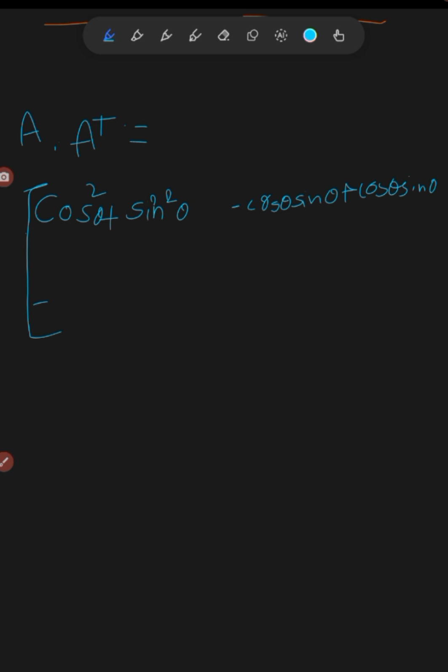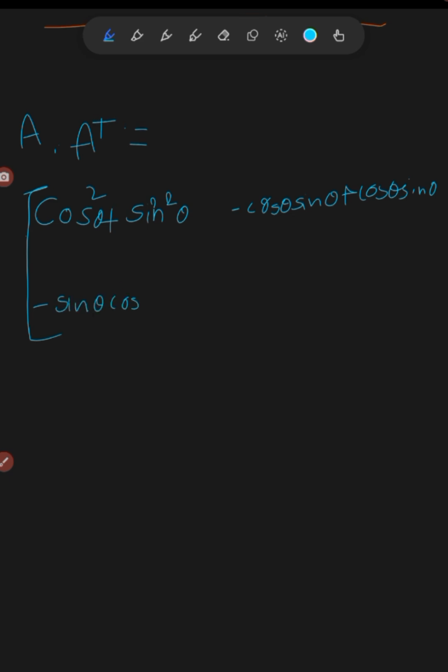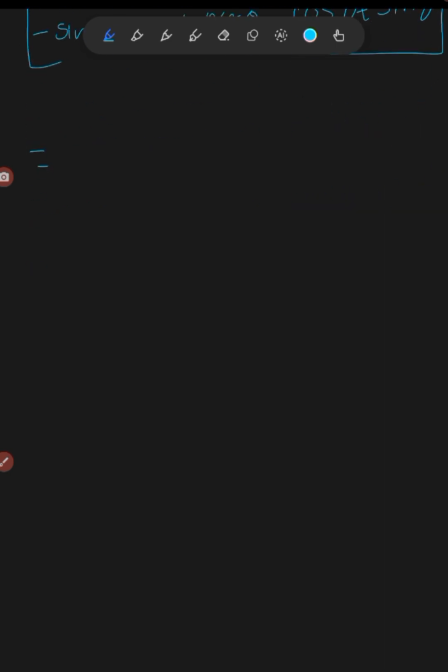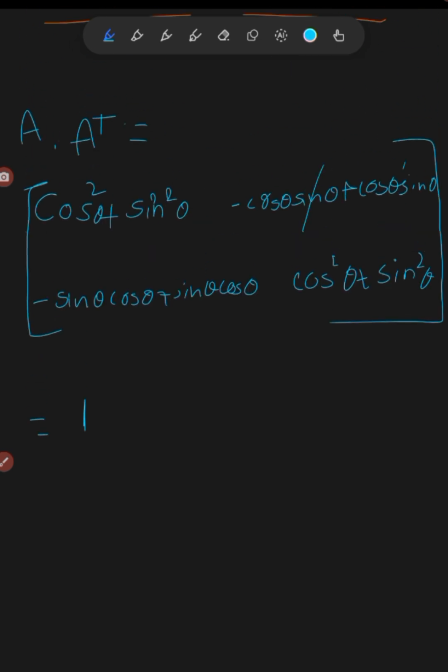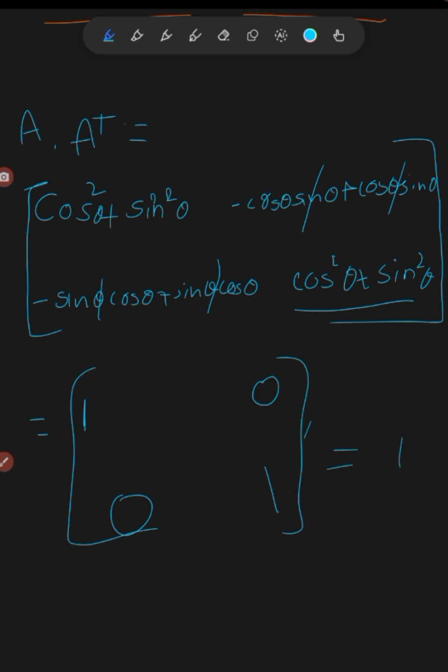Here also we get the same, minus sin theta cos theta plus sin theta cos theta. Here we get cos square theta plus sin square theta. Close the matrix. Here the terms cancel, giving 0, 0 and 1, which equals the identity matrix.